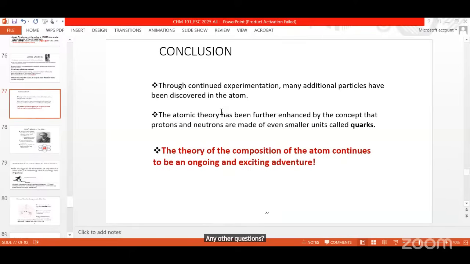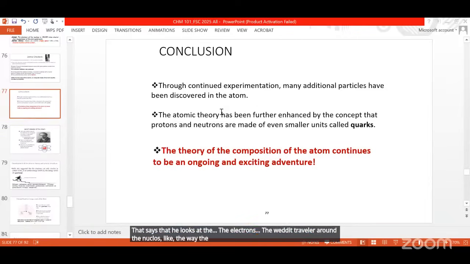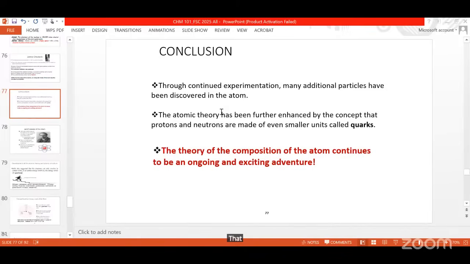I told you that it was Bohr who looked at the electrons, the way they travel around the nucleus, like the way the planets travel around the sun. That is the planetary model. That is Niels Bohr.